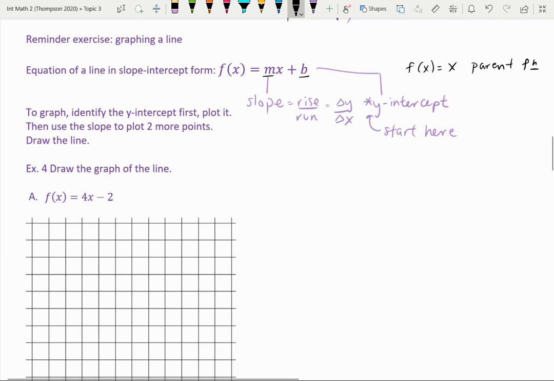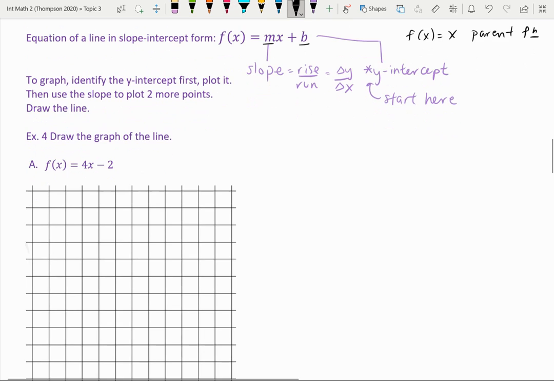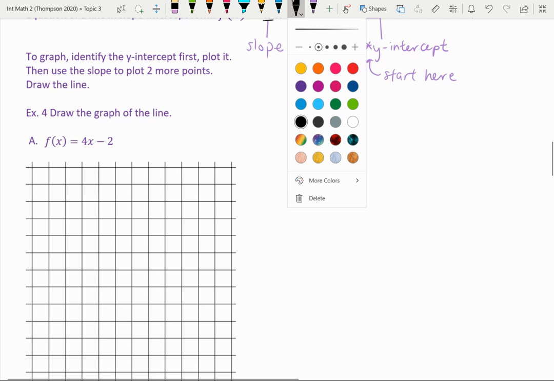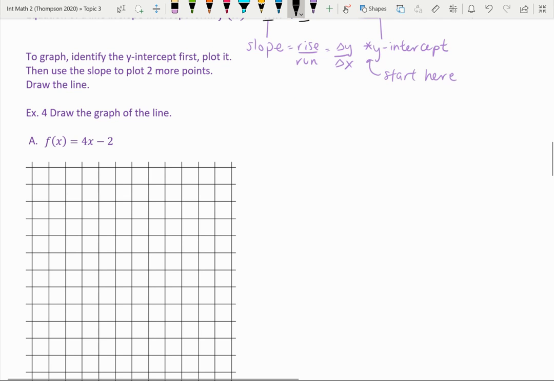To graph, the first thing that we do is identify the y-intercept, plot it, then use the slope to plot at least 2 more points and draw the line. I've got a grid provided for us, but I don't have the axes drawn on there on purpose. Remember, when graphing, you absolutely need to use graph paper.